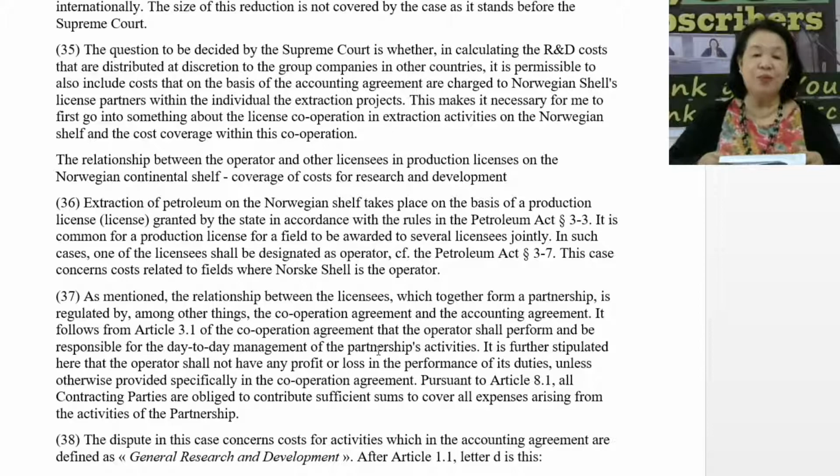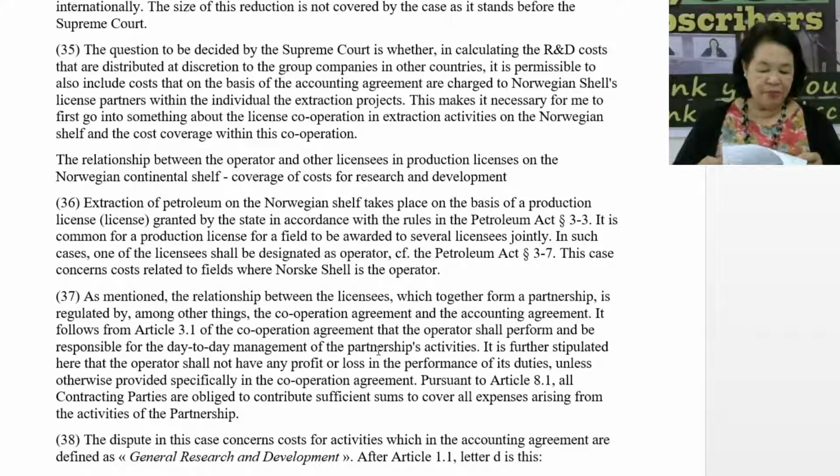So, extraction of petroleum on the Norwegian continental shelf takes place on the basis of a production license granted by the state in accordance with the rules in the Petroleum Act 3-3. It is common for a production license for a field to be awarded to several licenses jointly. In such cases, one of the licenses shall be designated as operator.